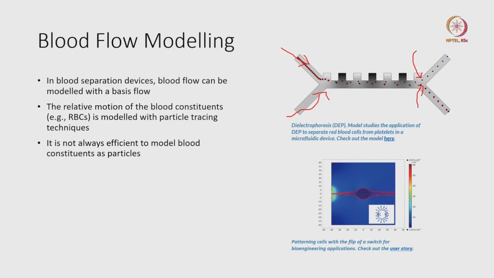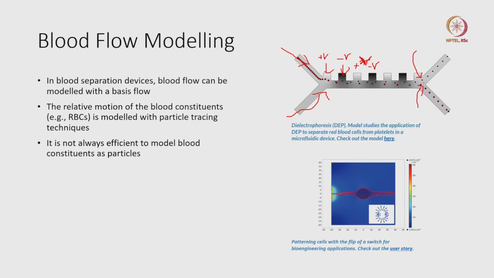So here we have plus 5 volts, for example, then minus 5 volts, similarly again plus 5 volts, minus 5 volts and so on. What we try to see is that because of this plus and minus 5 volts, there is a particular electrical field pattern, and that electrical field pattern segregates the platelets from the RBCs.